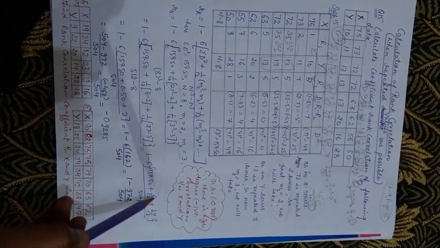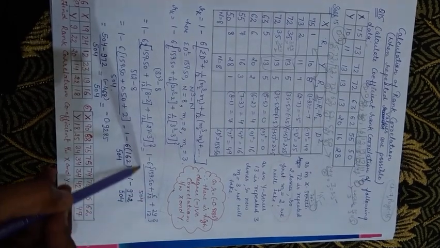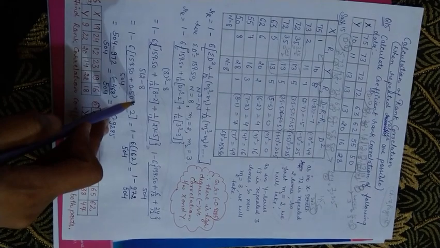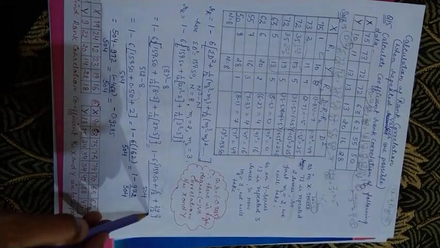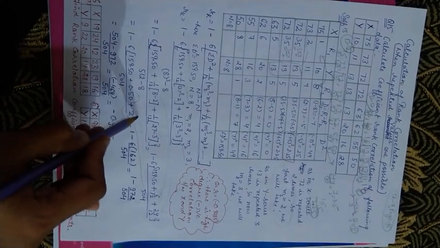When you divide 6 by 12, you will get 1 by 2, which means 0.5. And 24 divided by 12 means 2. So you have got these values, the other values were the same.